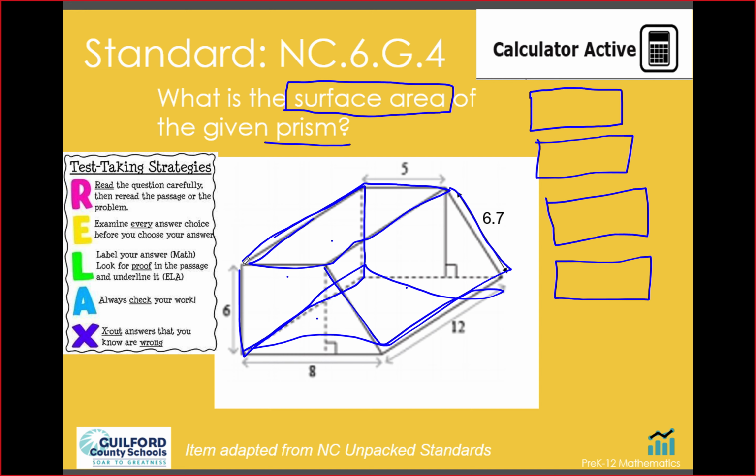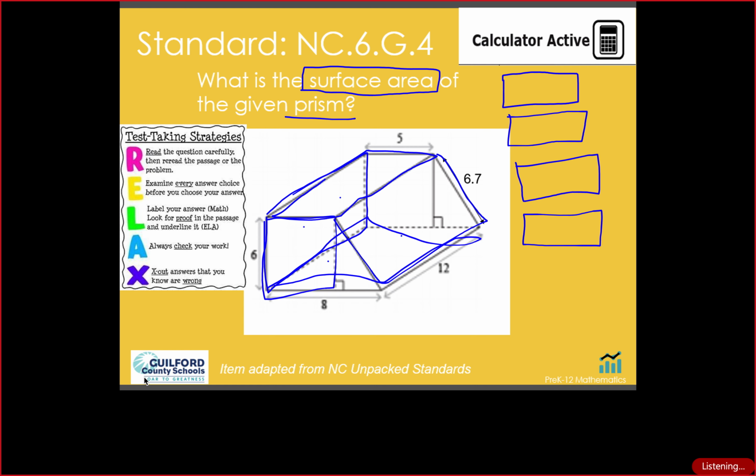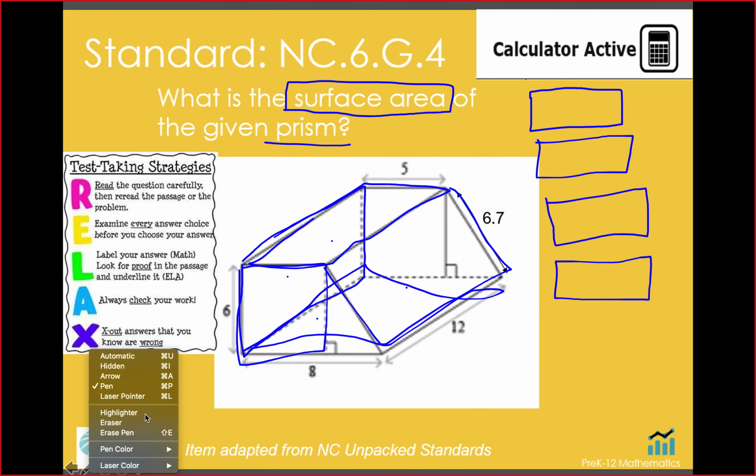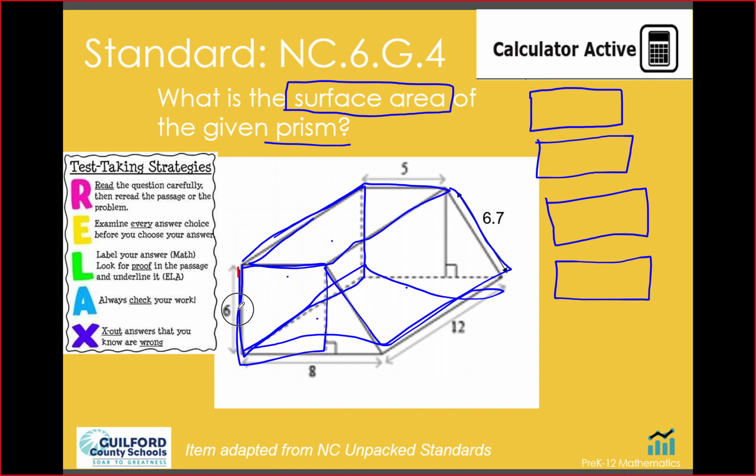Then we have how many squares. I have a square right here. That's 1 square. I should change my color so we can see it a little bit better. So you have a square right here and a square right here. So I'm going to draw 2 squares.